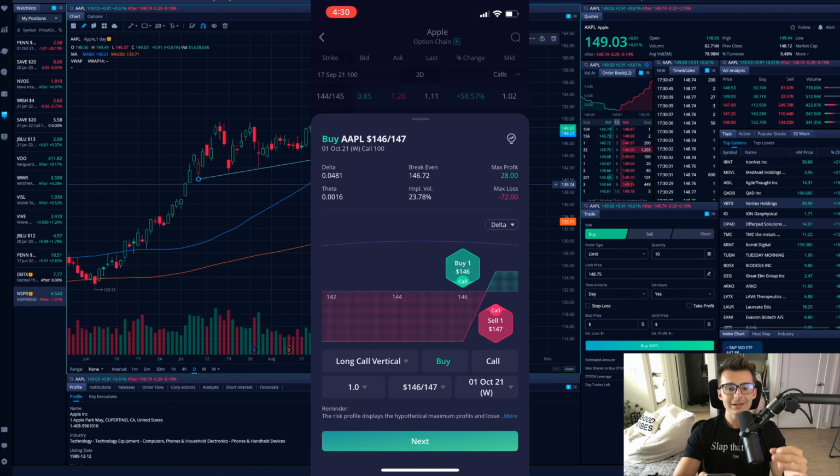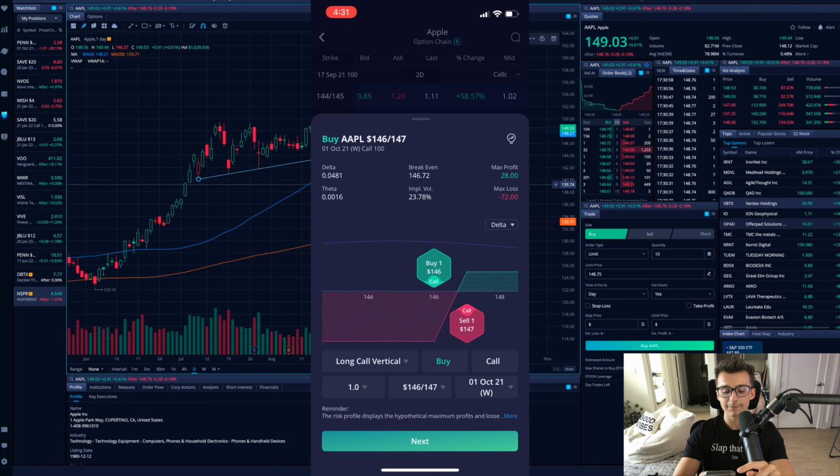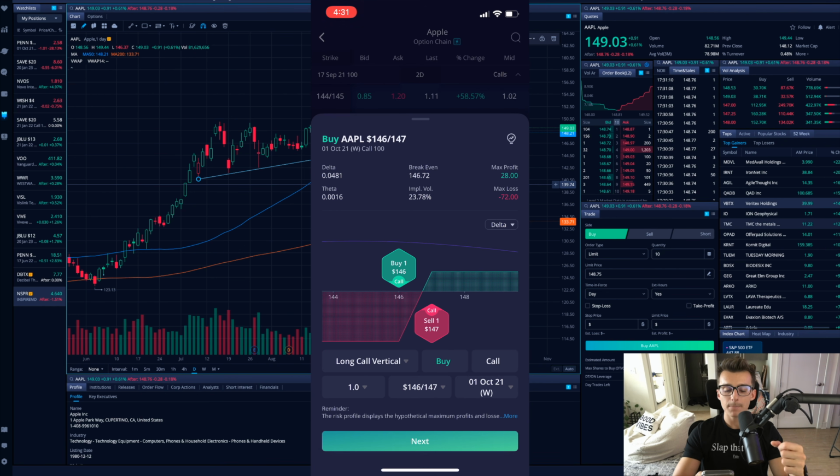So what does this mean for Apple? We are going to be buying the 146 strike price option, and we're going to be selling the 147 call strike price option. Both calls, we can see that here on the screen for Webull. It's important to note that both of these contracts are in the money because Apple is currently trading higher than where it's at.